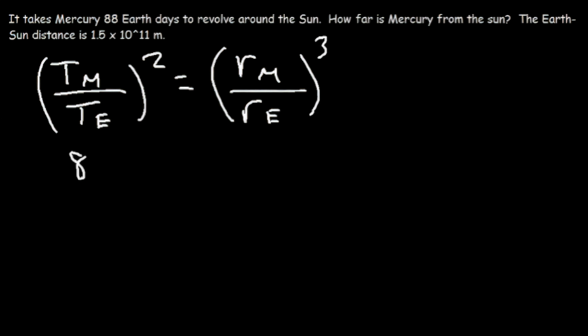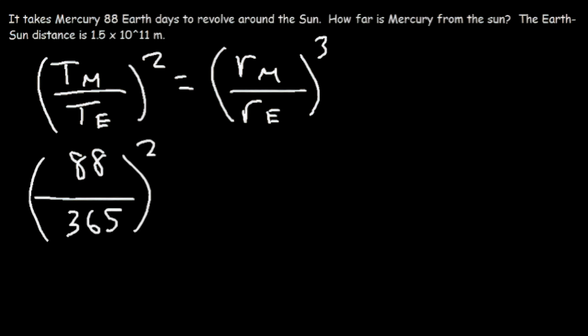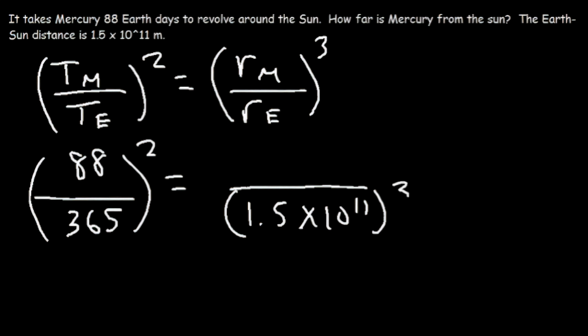So Tm, that's 88. That's the time it takes Mercury to revolve around the sun. And for the Earth, it's 365 days. Re, that's going to be 1.5 times 10 to the 11. And we're going to raise that to the third power. And then we need to solve for this variable.